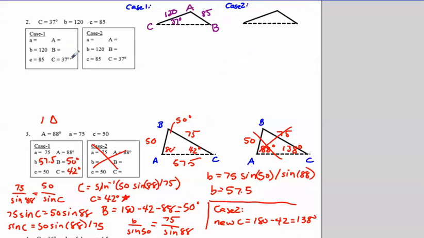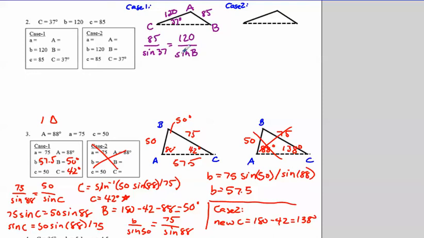Alright, so then you want to use the information you have. So since you have this side and this angle, we're going to use that. We're going to do 85 over the sine of 37. And then here I have side B, so I can try to find angle B. So that's going to equal 120 over the sine of angle B. Alright, so I'm trying to get B by itself.